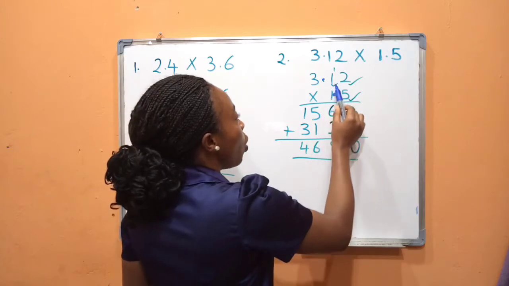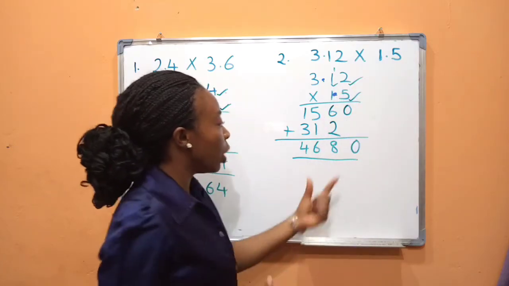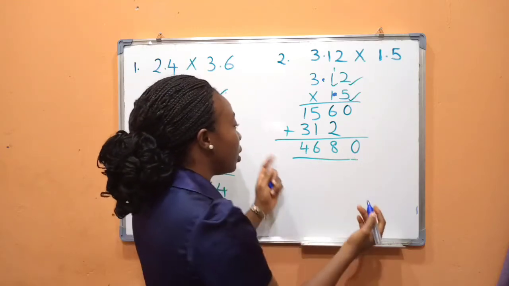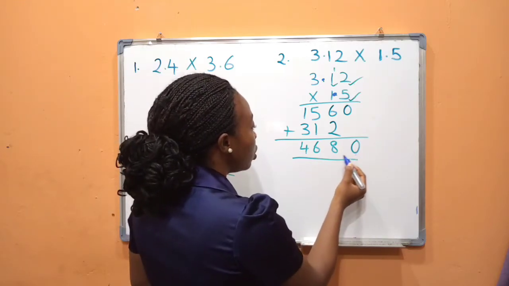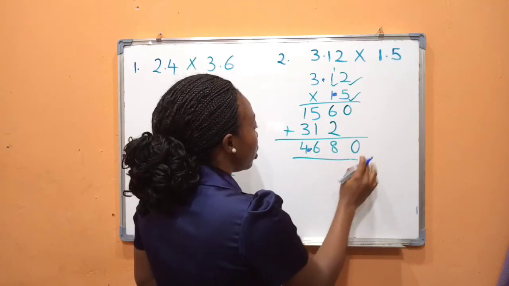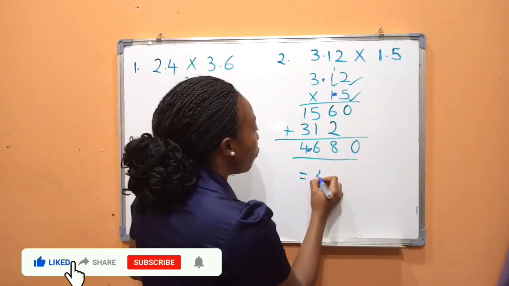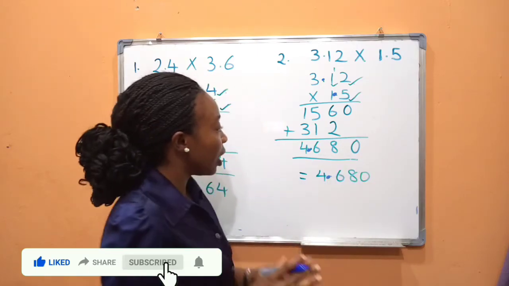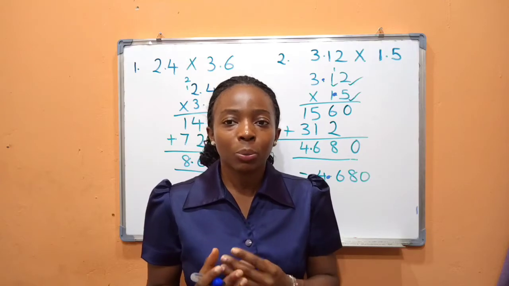We have 1, 2, 3. So we are going to be moving in 3 places, okay? From the right to the left. So we're going to have 1, 2, 3. So we're going to put our point here, so that we have 4.680 as our answer. Let's look at something more complex.